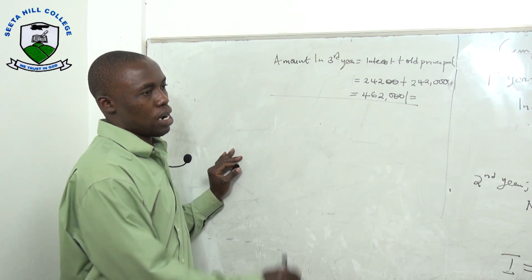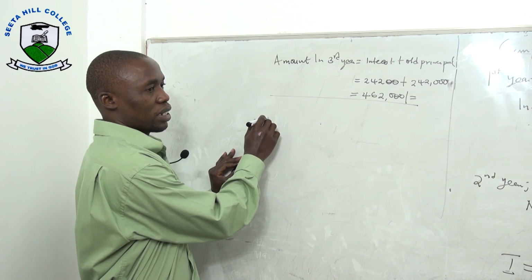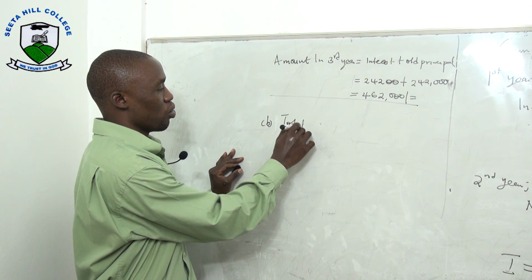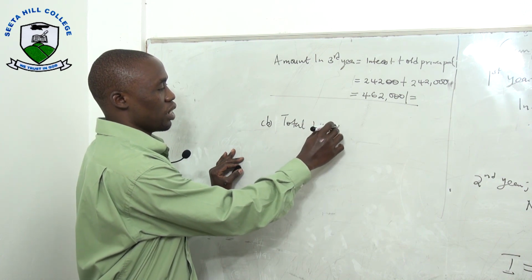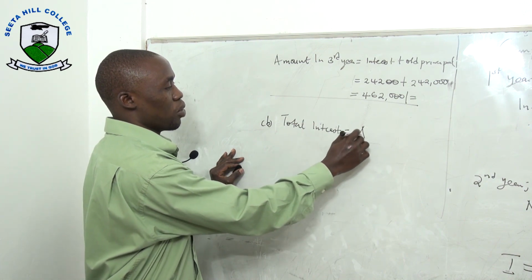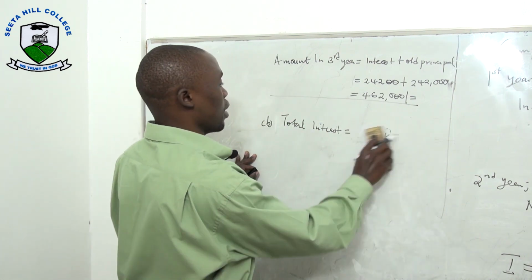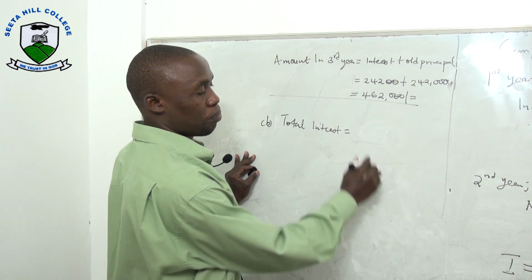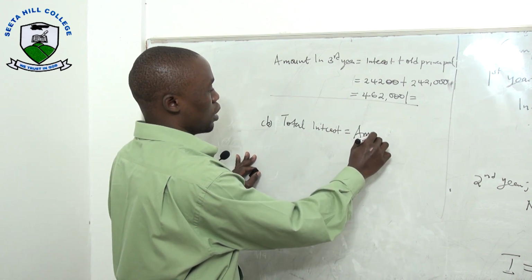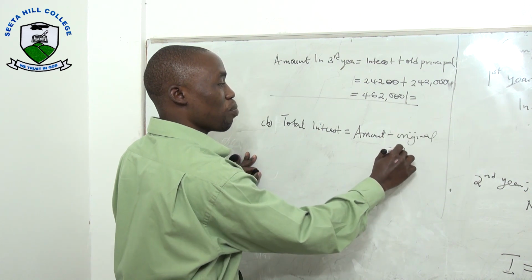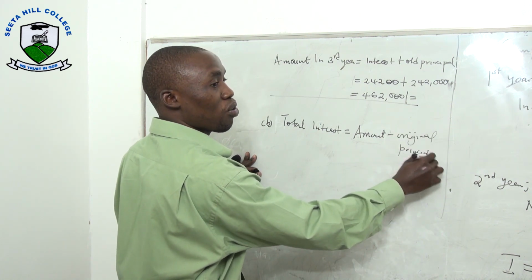Clear? Now, what is the total interest? Because the question said to calculate the total interest. Interest, you know that it's amount minus the original. Now the principal must be the original.